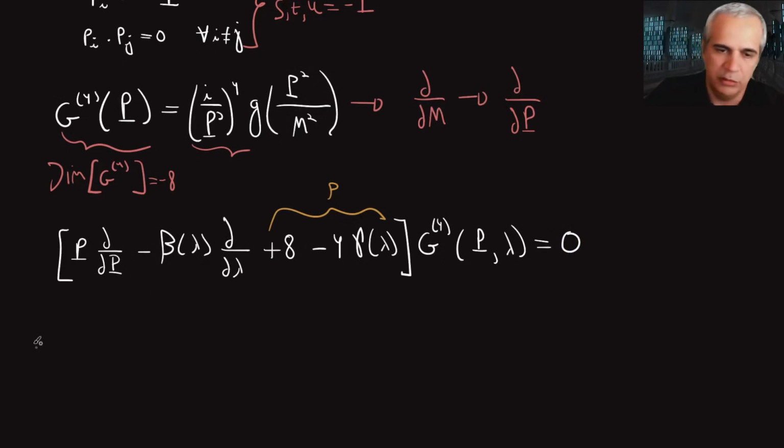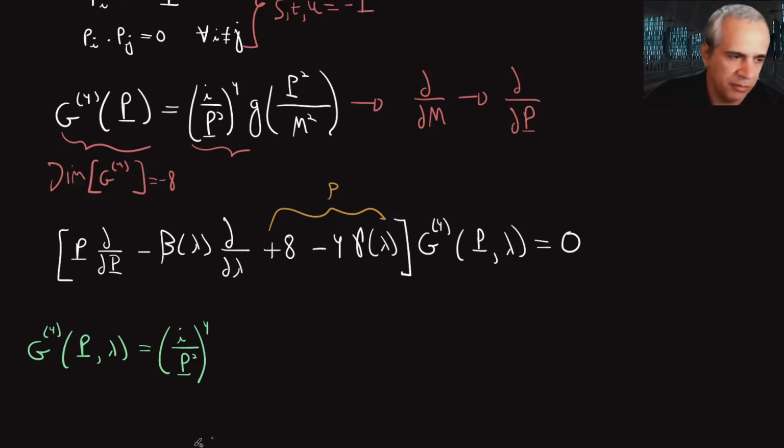I won't do everything again, but G4 is a function of P and lambda, which will be given by i over P squared to the fourth. This comes from the integral of this, the exponential of the log that will be multiplied by this factor, right? That removes the hat from G_I here. Same story as before.